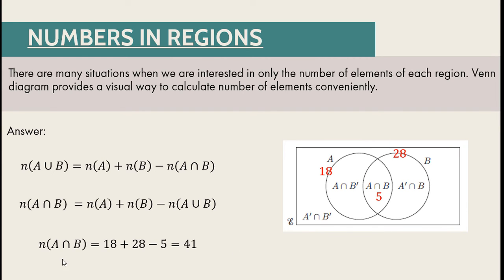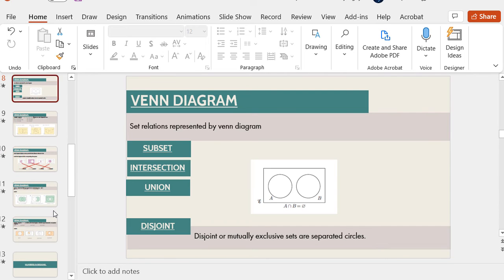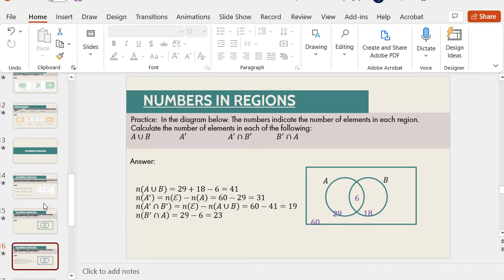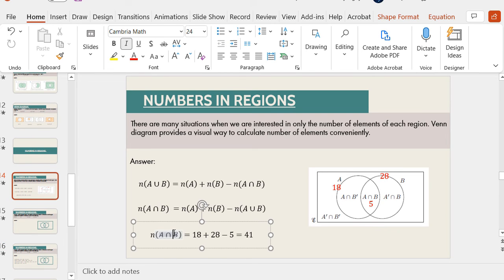So in this case, the number of the, oops, sorry, that should be the number of the union, not the intersection. Sorry, I will adjust this. This should be the number of the intersection.